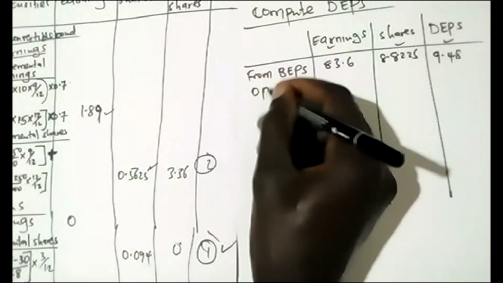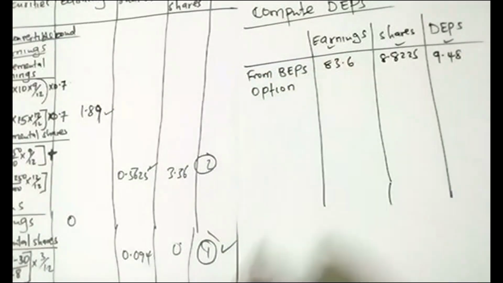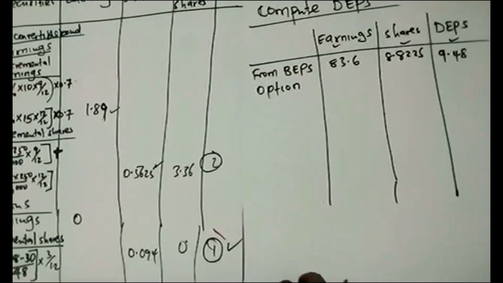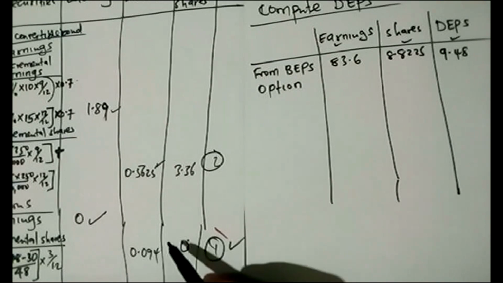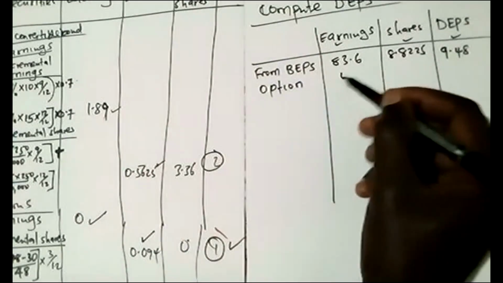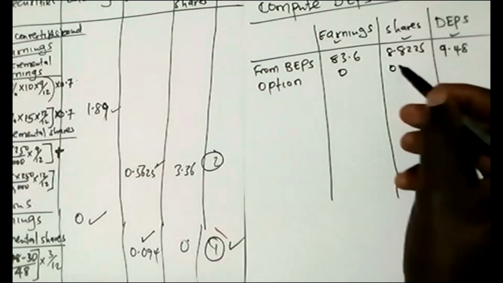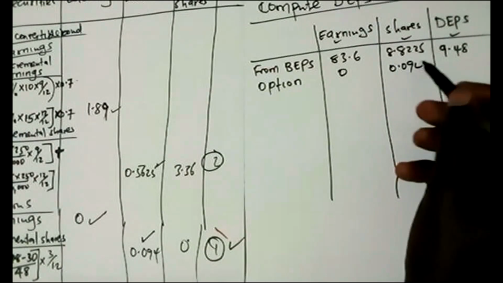The first one is an option. So you pick the earnings, which is 0, and the shares, which is 0.094.